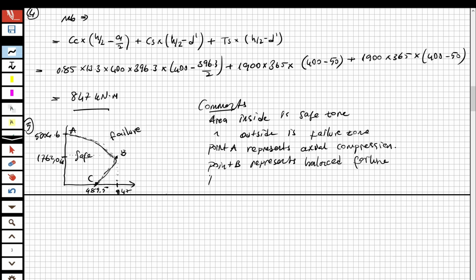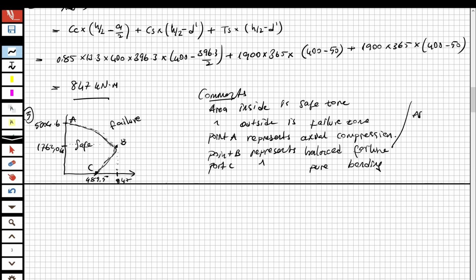And the point C represents pure bending, just bending moment. So AB is compression failure, and BC is tension failure, okay? Now I guess we did all the comments for this part. So now I'm going to stop the video here and continue with the other parts in the next video.